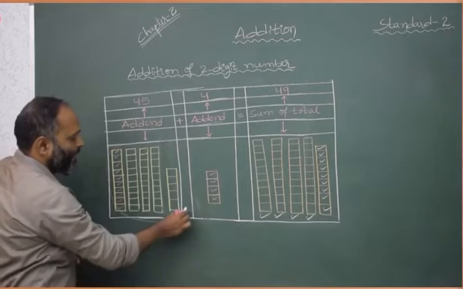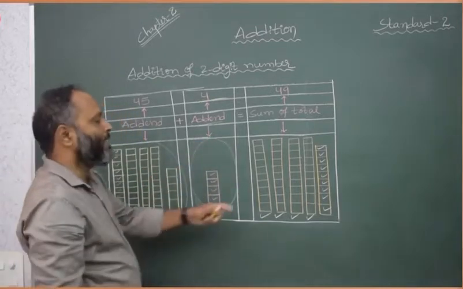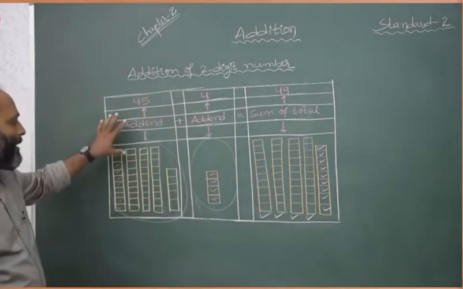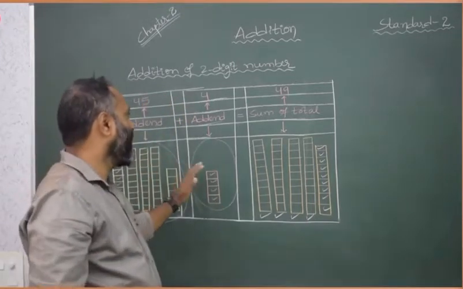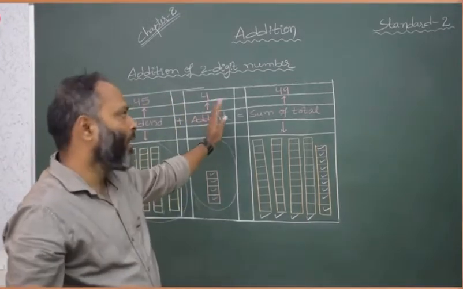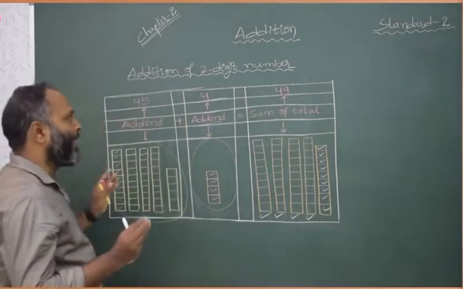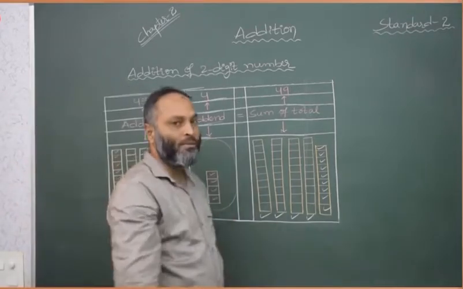This is our second addend. This is our sum. In the first addend, there are 45 blocks; in the second, 4. If we are going to add 45 and 4, the final answer is 49. If we add the 2 addends, 45 and 4, the sum is 49.